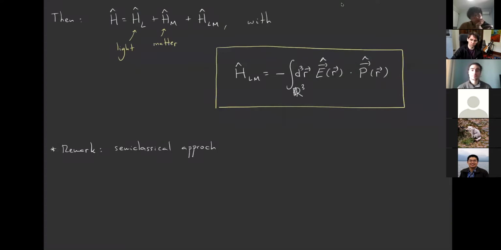To light-matter interaction. And the word semi-classical refers to the fact that the Hamiltonian is the following. So we quantize matter.